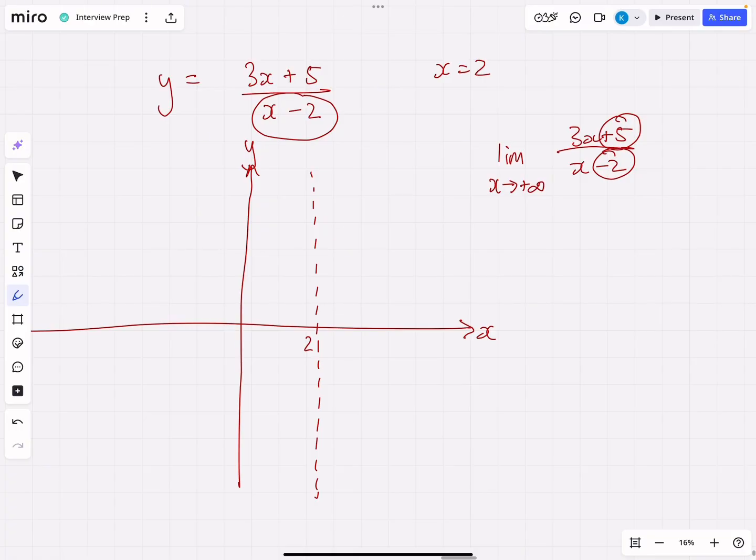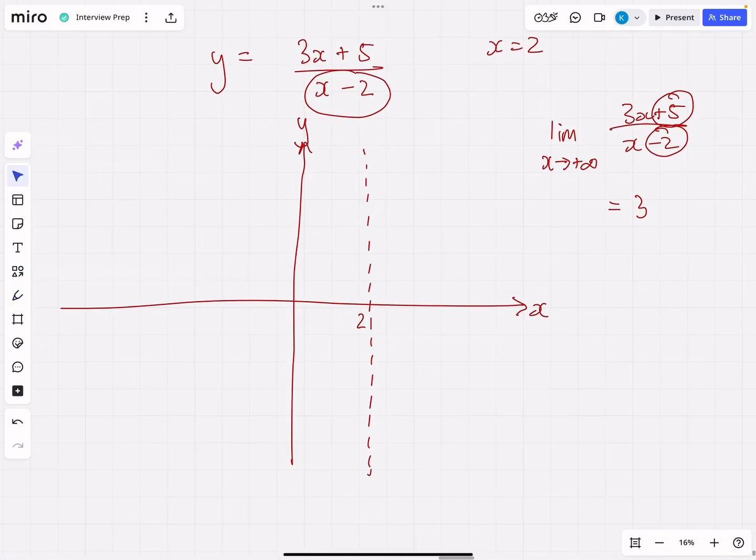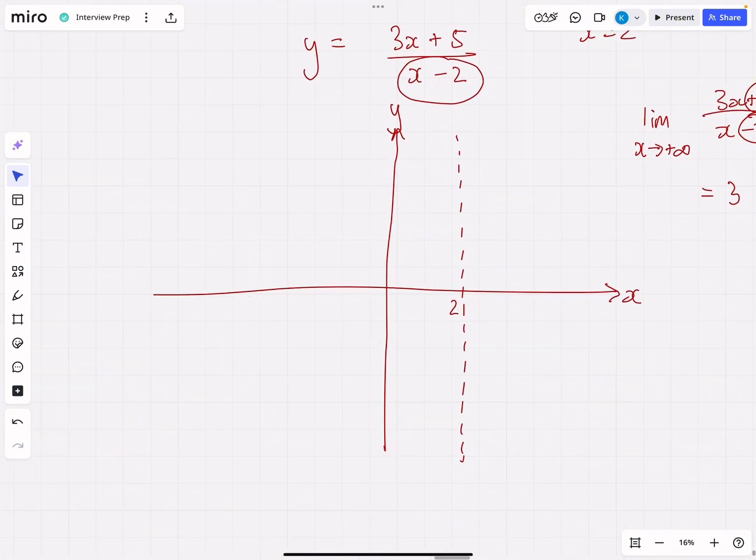We only care about the leading coefficient when we take our limits here. And we see that the contribution of the minus 2 and the plus 5 is negligible as x tends to positive infinity. And so this limit is going to be equal to 3 by what we discussed earlier. And so we're going to have a horizontal asymptote in the line y equals 3.